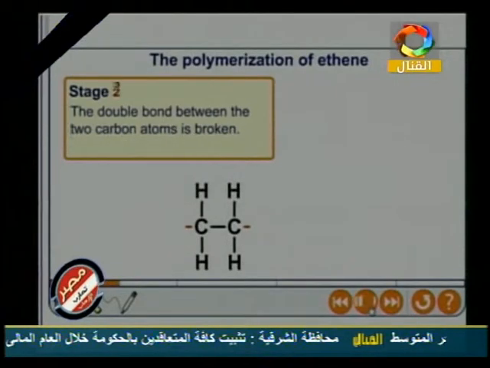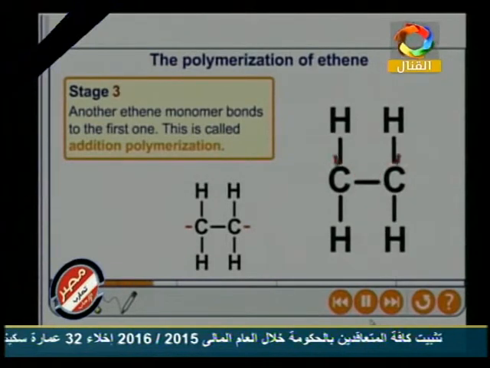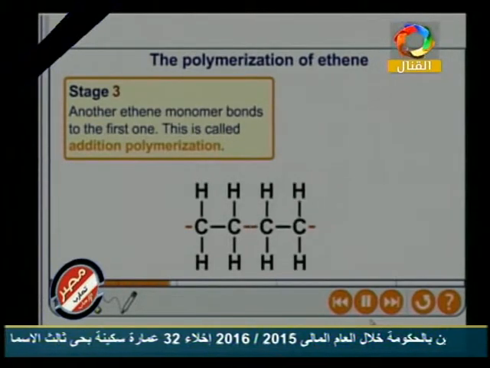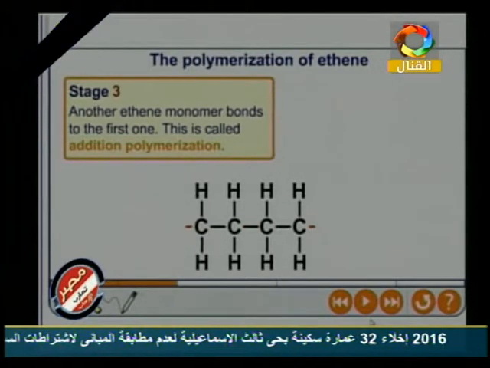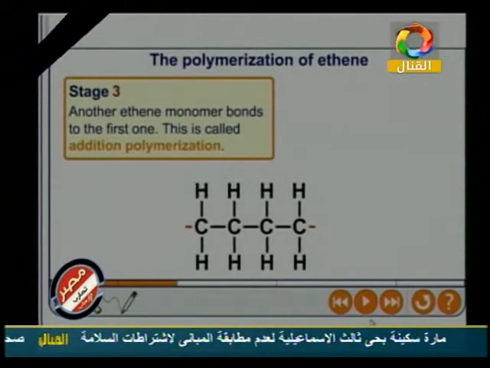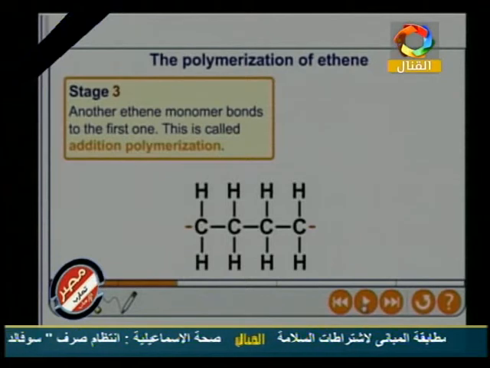So the second one, if I have another ethene monomer, the bond is broken like this and makes a connection between these 2 molecules to form one chain. This is called addition polymerization.